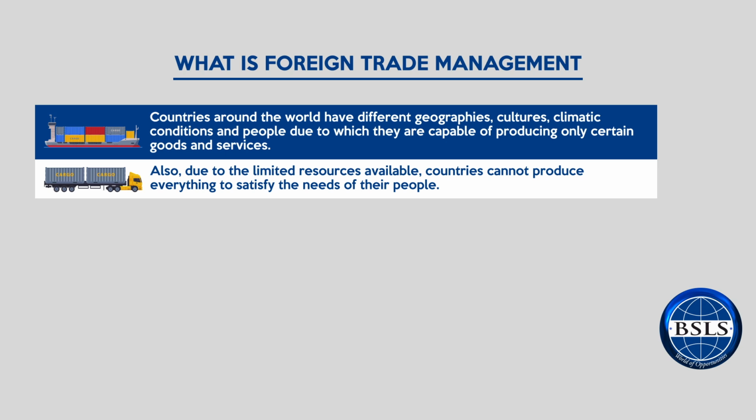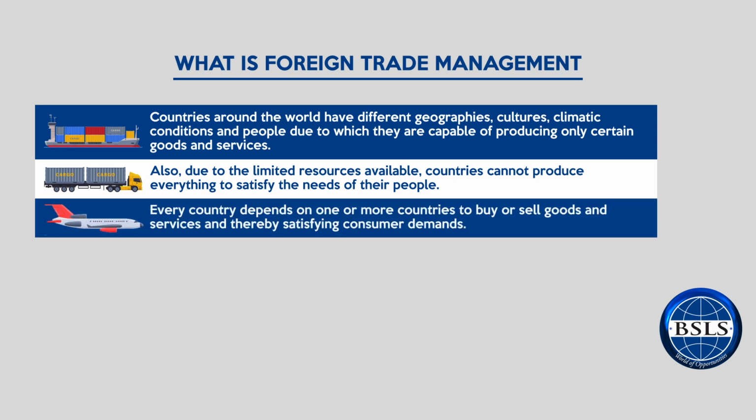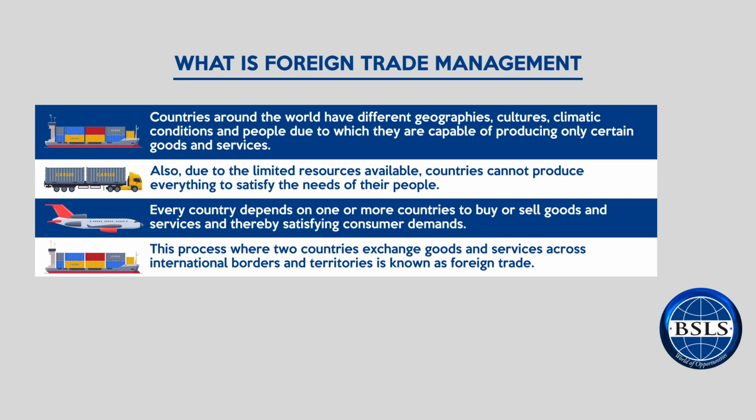For example, country A, which is rich in agricultural resources, will be able to produce better agricultural products, whereas country B may be better at producing minerals and oils. Therefore, clearly, both countries depend on each other to buy and sell the respective products in order to meet the requirements. This transaction and exchange of goods and services between two countries over international territories is referred to as foreign trade.